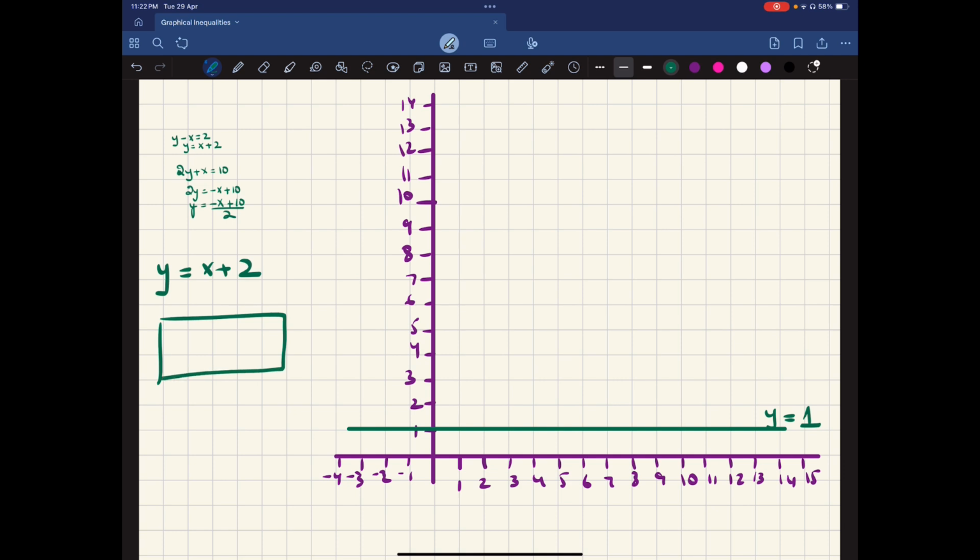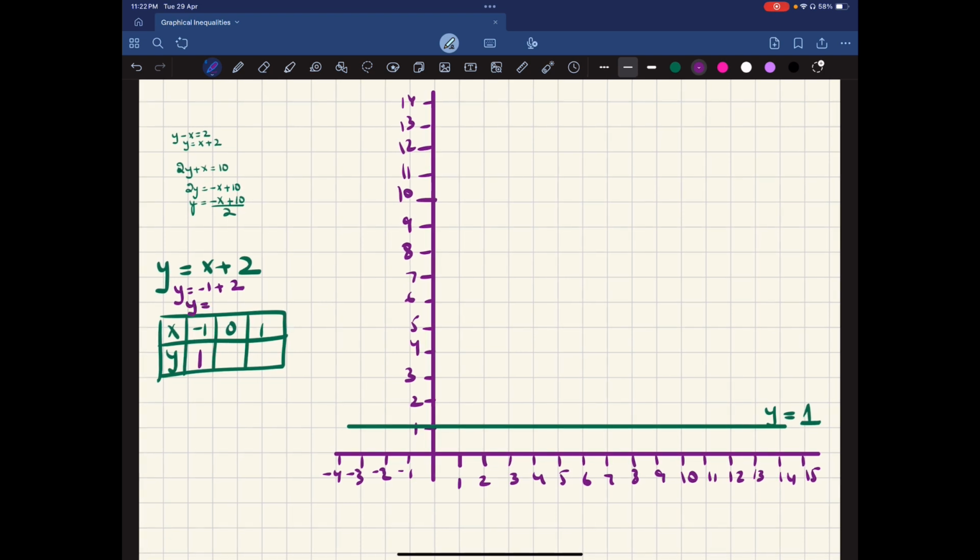As I said, we are going to quickly choose values. So if you substitute -1 in place of x, what do you get? -1 plus 2. The answer is 1. If you substitute 0, you get 2. And if you substitute 1 in place of x, you get 3.